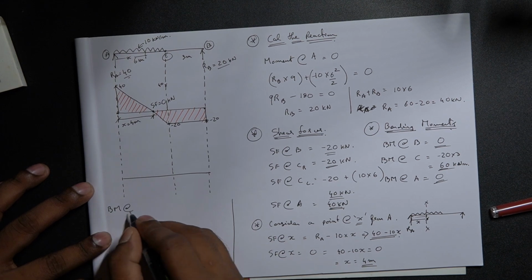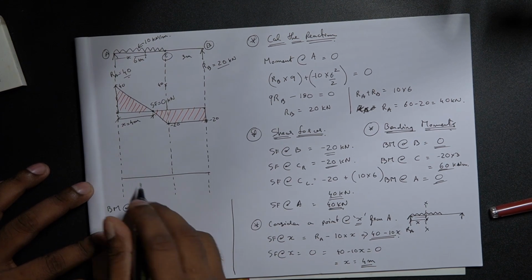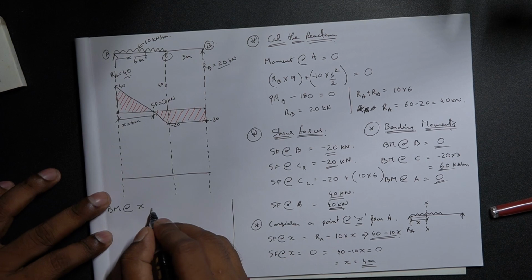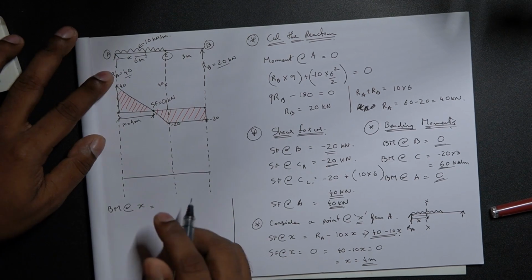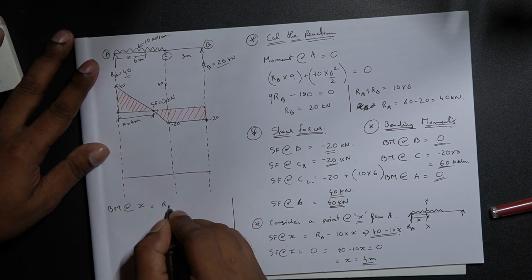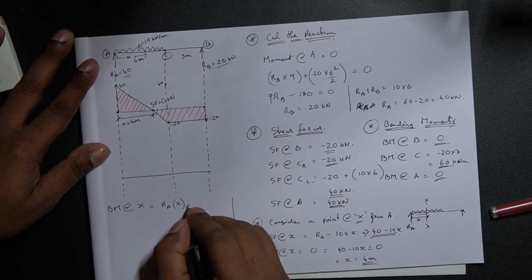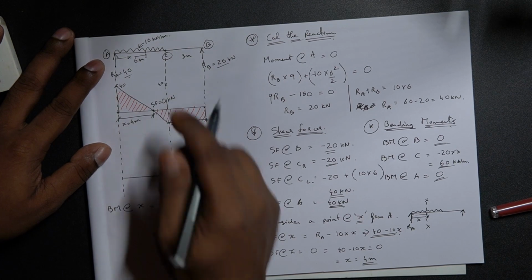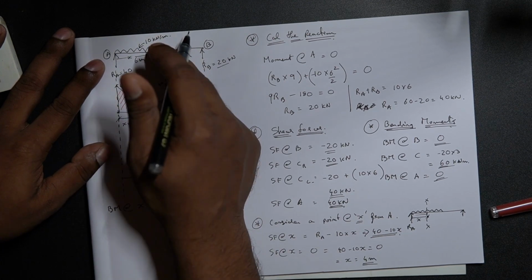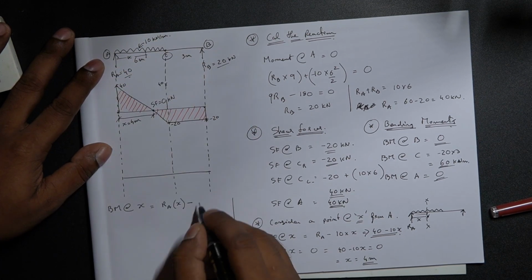Bending moment at x, that is 4, should be equal to RA times x, minus, we have a UDL acting downward. For a UDL, bending moment is WL squared by 2.